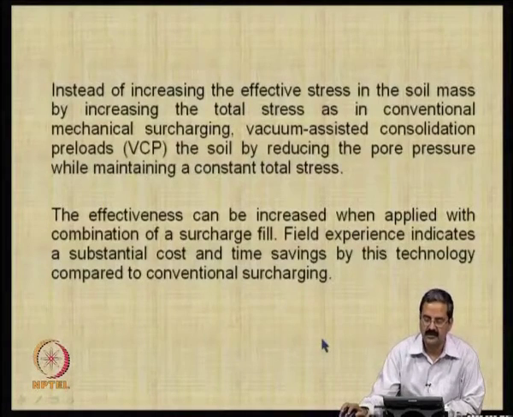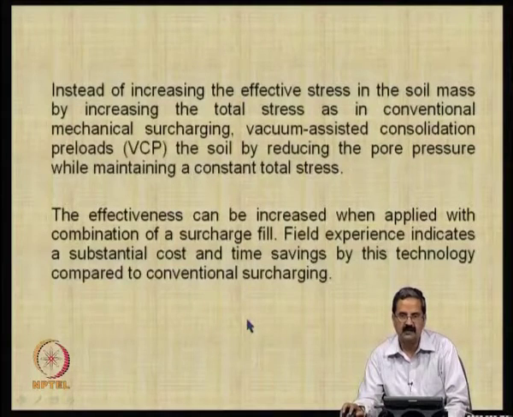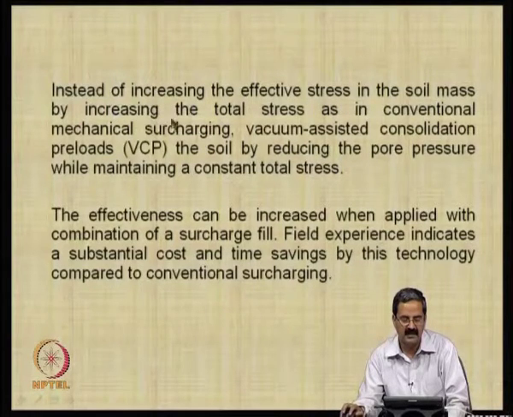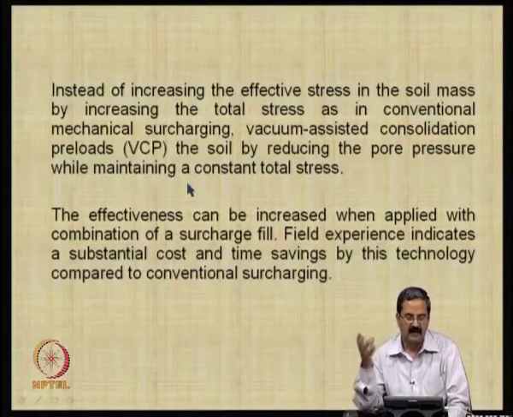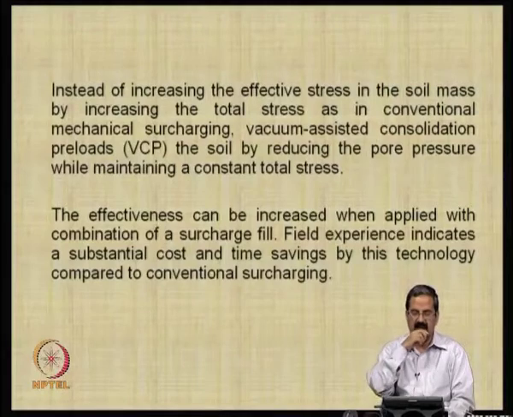Why is it effective? Instead of increasing the effective stress in the soil mass by increasing the total stress, where you keep on loading and allowing it to consolidate, here in vacuum assisted consolidation preloading the pore pressure is reduced while maintaining constant total stress.